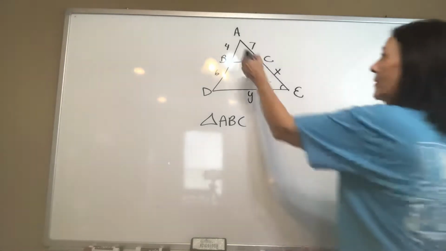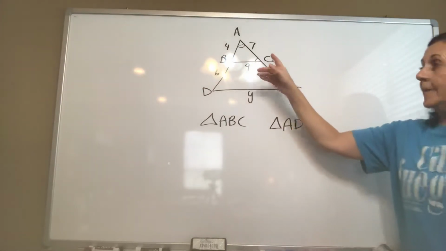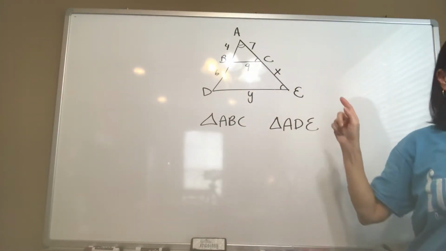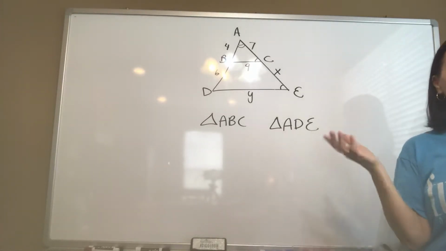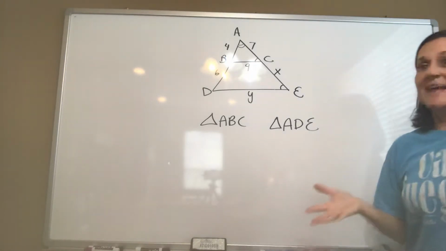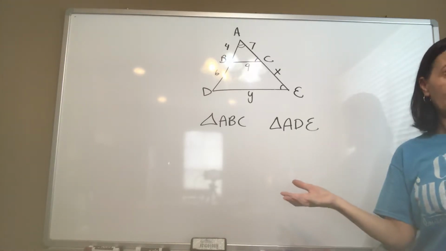A. A is in both, and angle A equals angle A in both triangles, right? And if two angles of the triangles are equal, then we know that the third one is equal as well. So the triangles are similar.